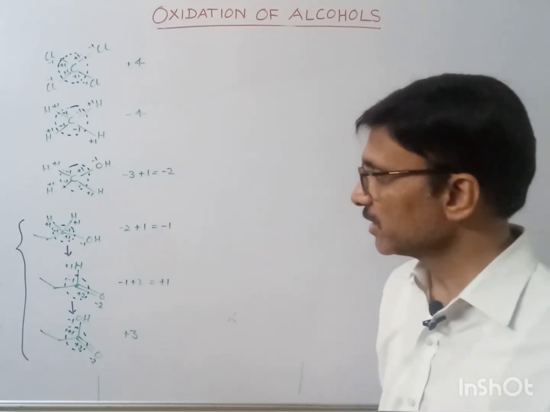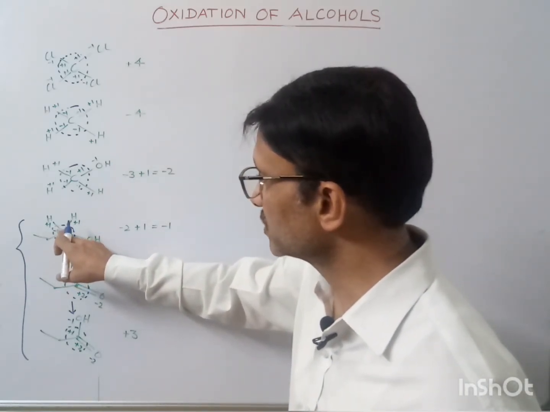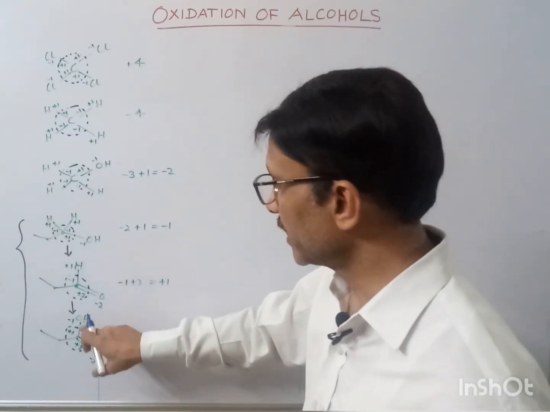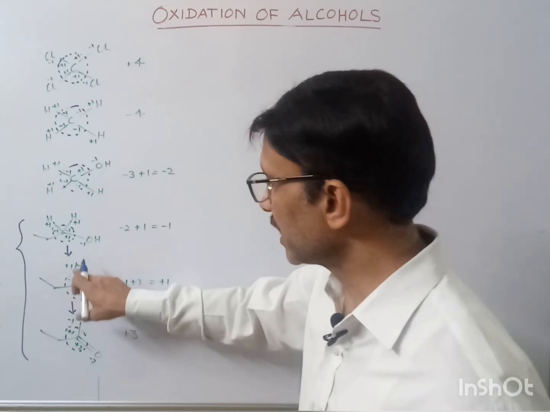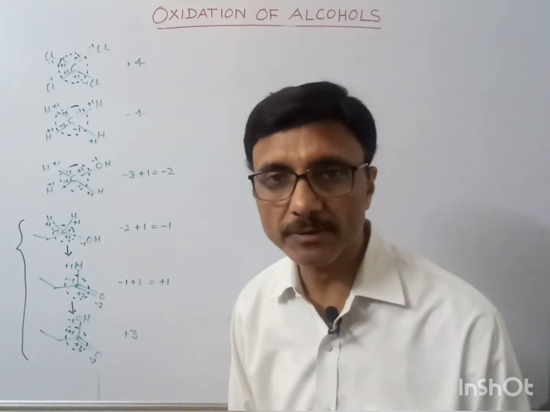Or otherwise, one of the hydrogens, as we can see, this is the alpha hydrogen atom. This alpha hydrogen atom has been replaced by this oxygen atom. And here again, one of the alpha hydrogen atoms present over here is again replaced by the oxygen.